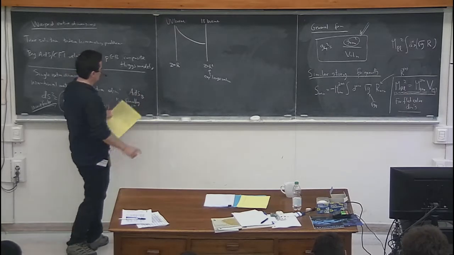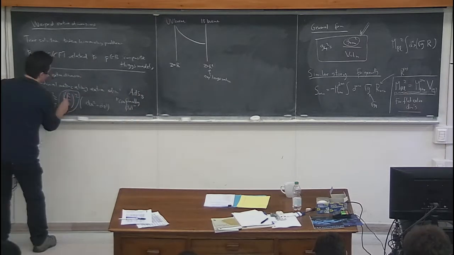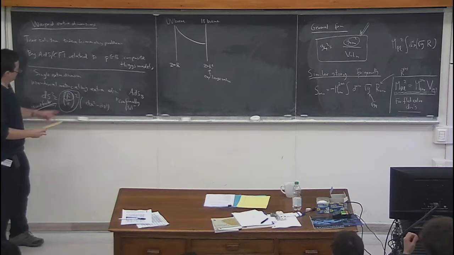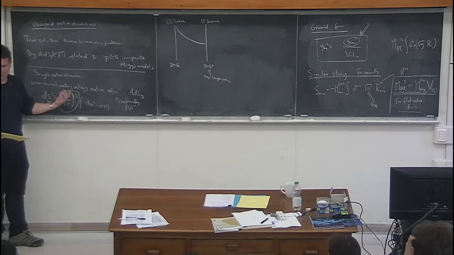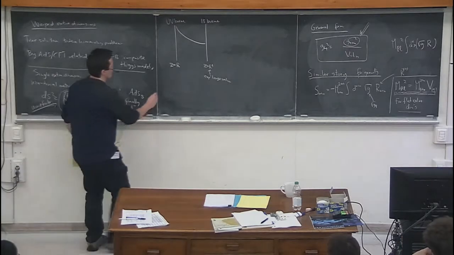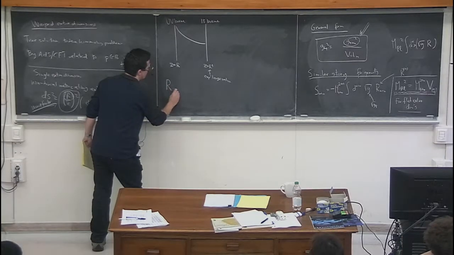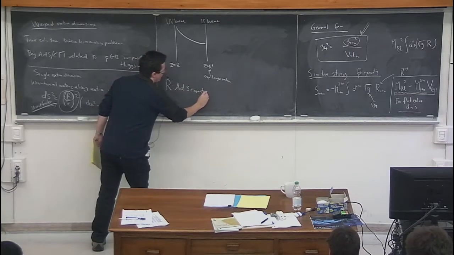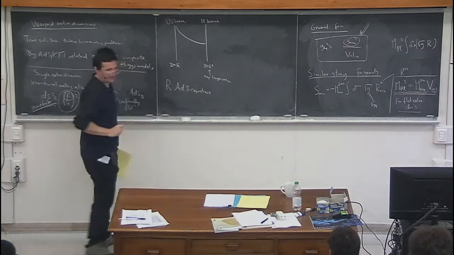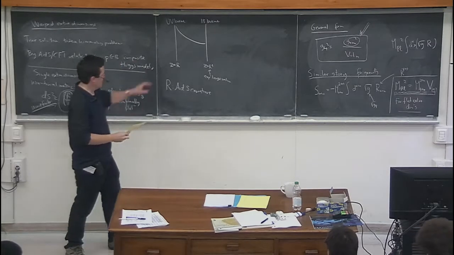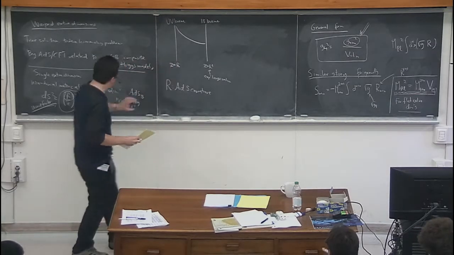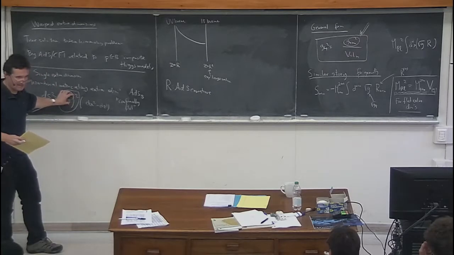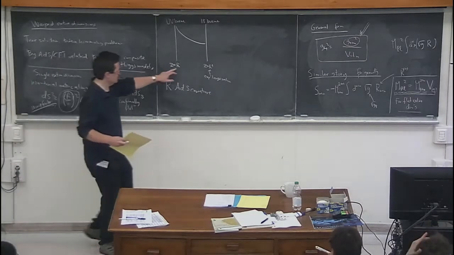This scale R here is what is setting the overall mass scales in this theory. R is called the AdS curvature, in comparison to the more fundamental mass scale that is showing up in the metric. This one is the same.